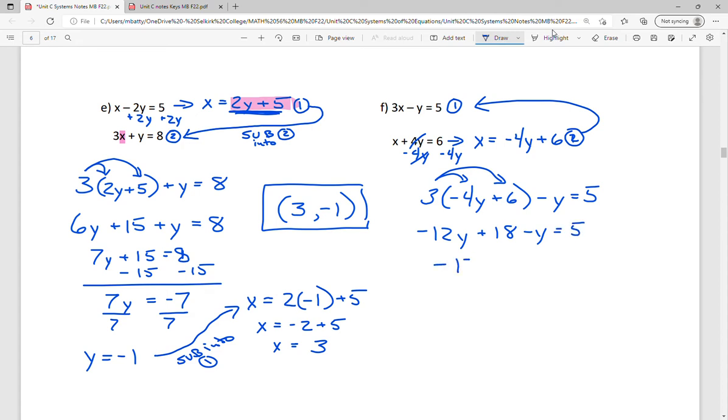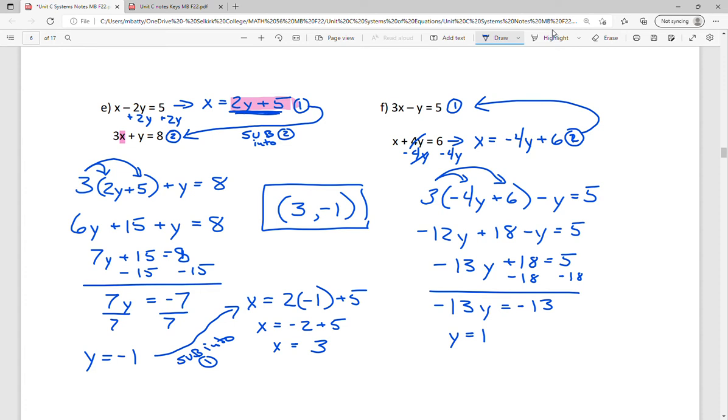I'd have negative 13y. Numbers are a little ugly in this one. I'd subtract 18 from both sides. Remember, you add and subtract everything first before you divide. So negative 13y equals, oh, look at that, negative 13. Things are coming together. I'd end up with y equaling a 1. Negative 13 divided by negative 13 is 1.